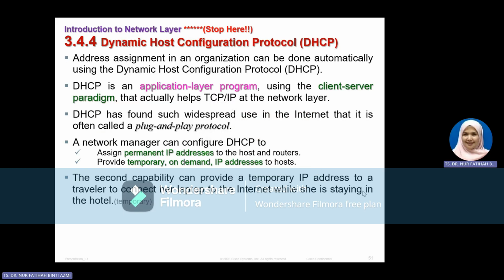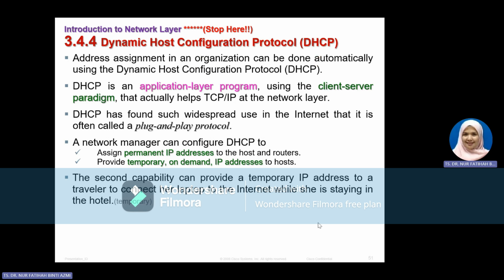Right. Now let's talk about how your devices automatically get their network address. We call it DHCP, which is Dynamic Host Configuration Protocol.